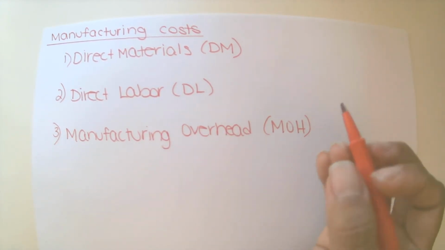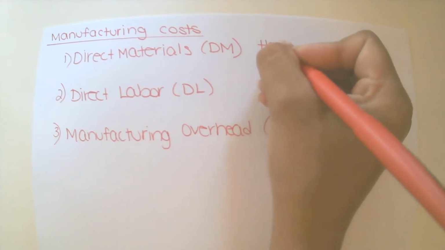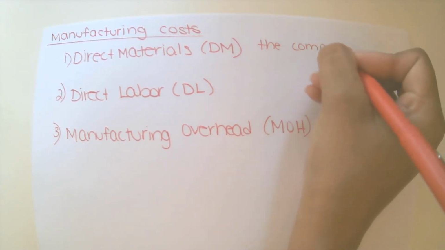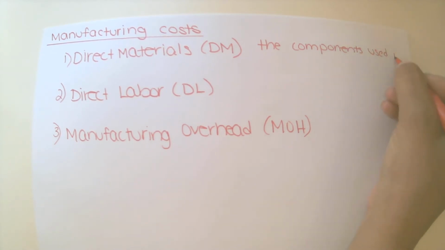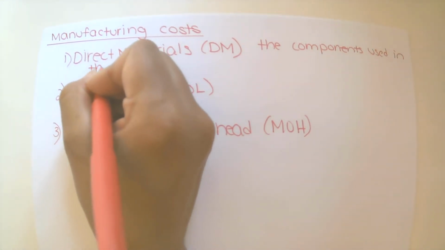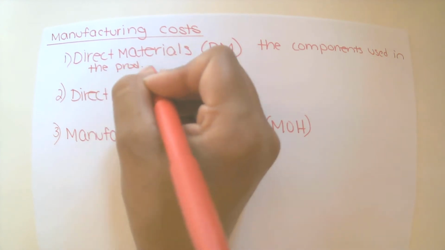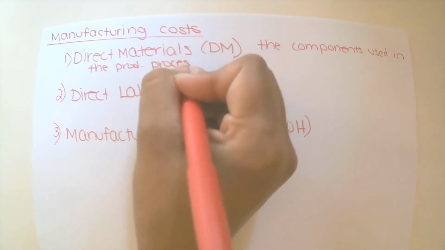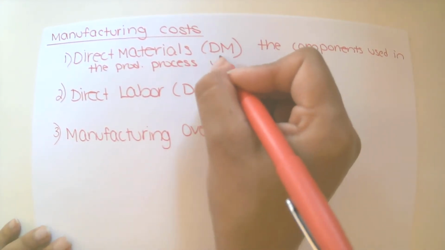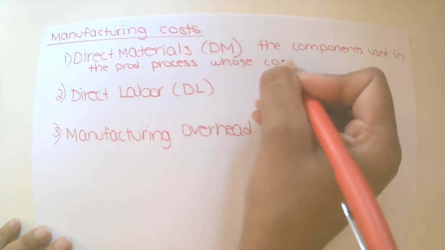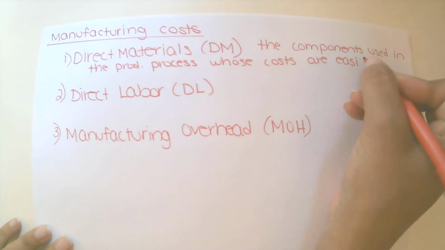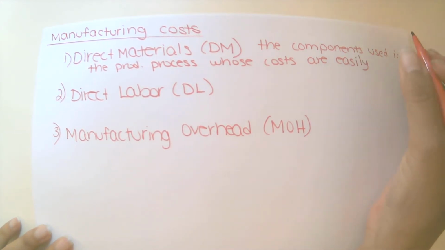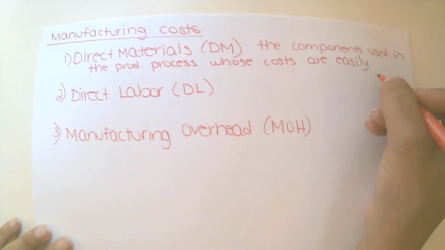So direct materials are the components used in the production process whose costs are easily traceable. I'll say easily identified, as your book uses.